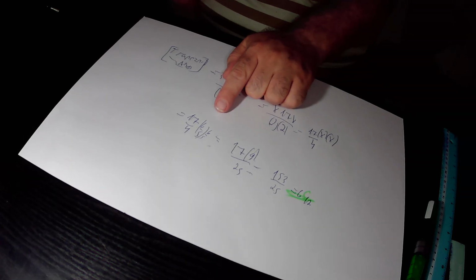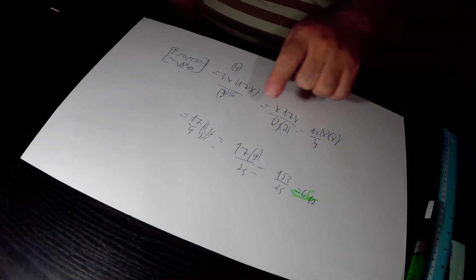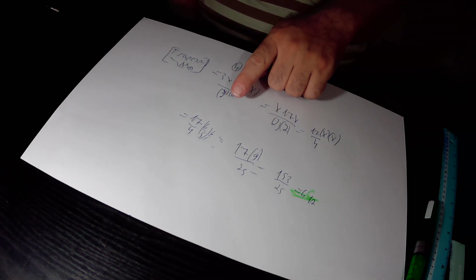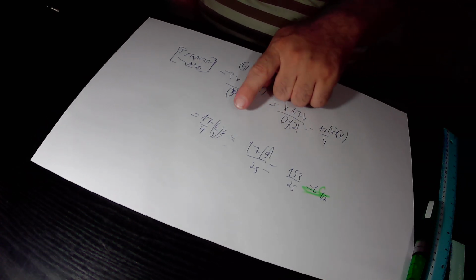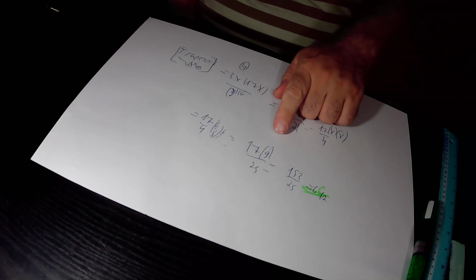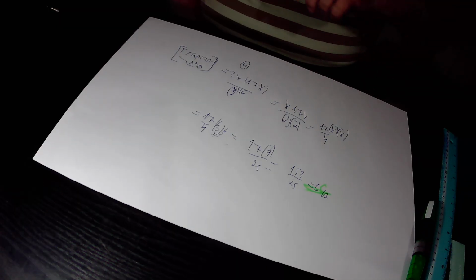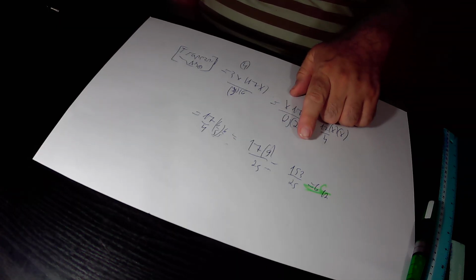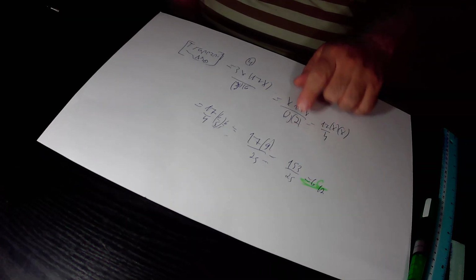We have 6 times 6, that is 36, and 36 over 4 is 9. So in total the area of trapezoid ABCD equals 17 times 9 over 25. 17 times 9 is 153 over 25.